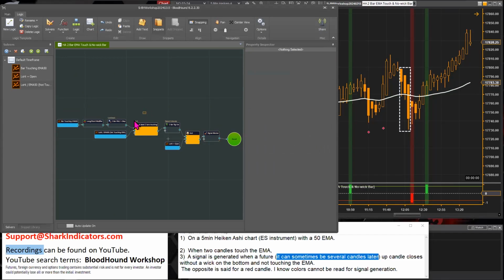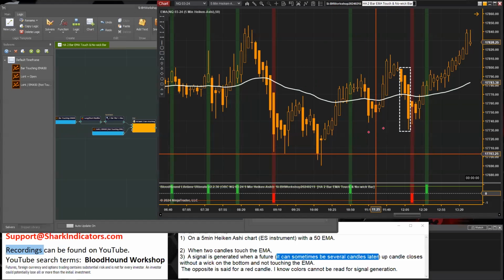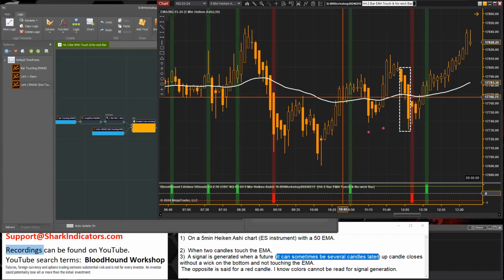All right, so just to kind of summarize, this is identifying the bars that are touching, and if we connect this up here, it's also producing an output on the first bar where a signal can show up.